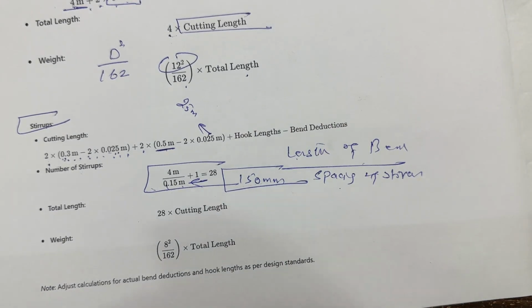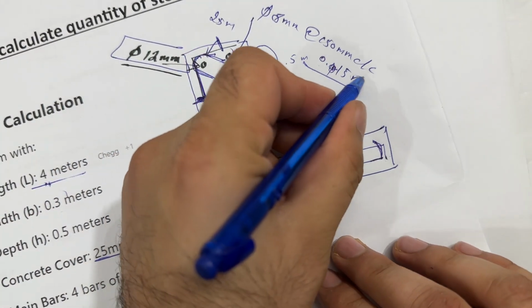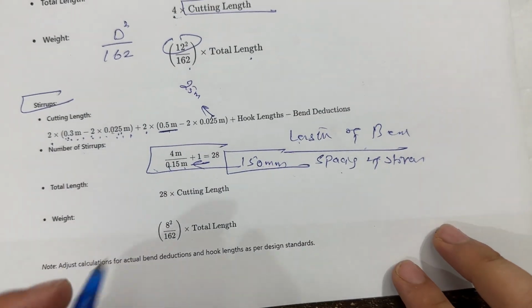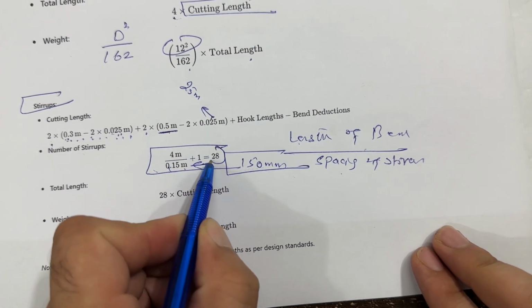Before this I wrote it differently, but don't confuse yourself. This is 0.15 meter. Then plus 1. So we require 28 stirrups.